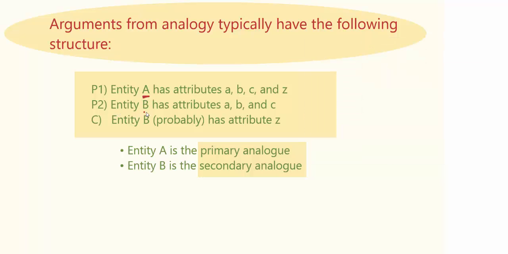Here I have entity A and entity B. Then we examine one entity and notice that it has a certain set of properties, and we notice that B also holds some of those properties in common. So they have these similarities.